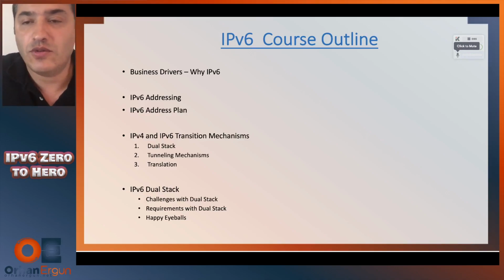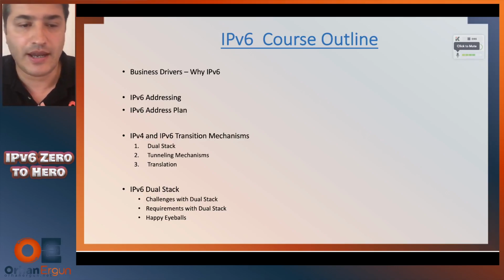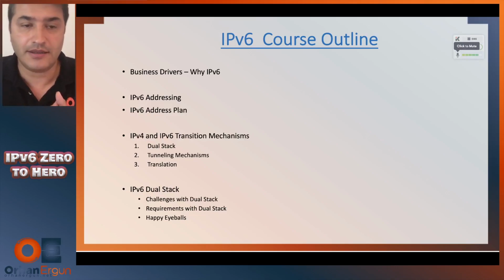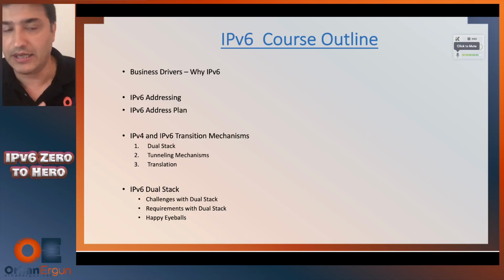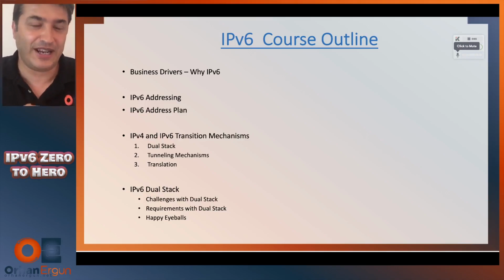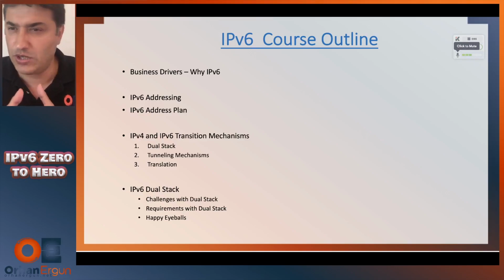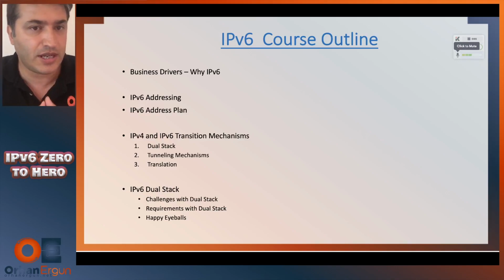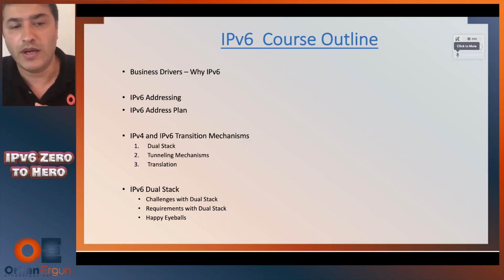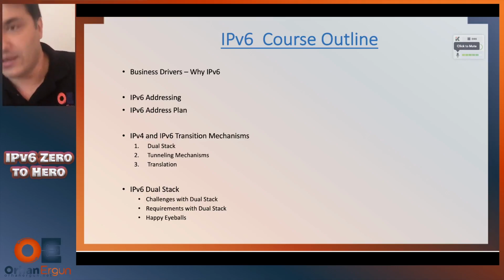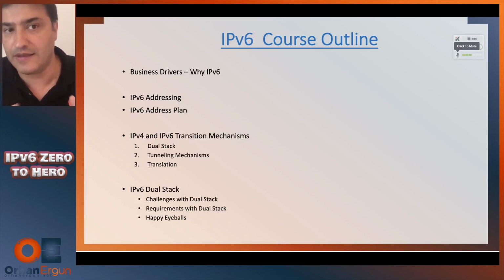You will hear in the industry that you should always use dual stack if you can, and if you must, tunneling, and if someone puts a gun to your head, then translation, right? We will talk about the reasons, and whether this is really applicable for every network? Obviously not. If you have been dealing with network design for some time, you know each one has its own pros and cons, basically advantages and disadvantages.